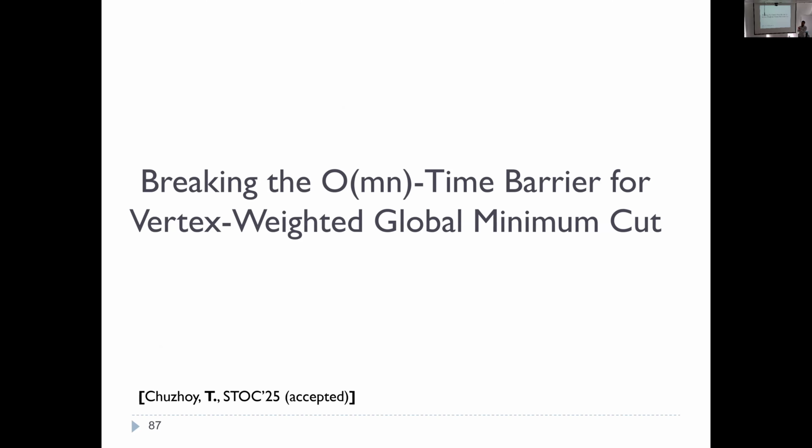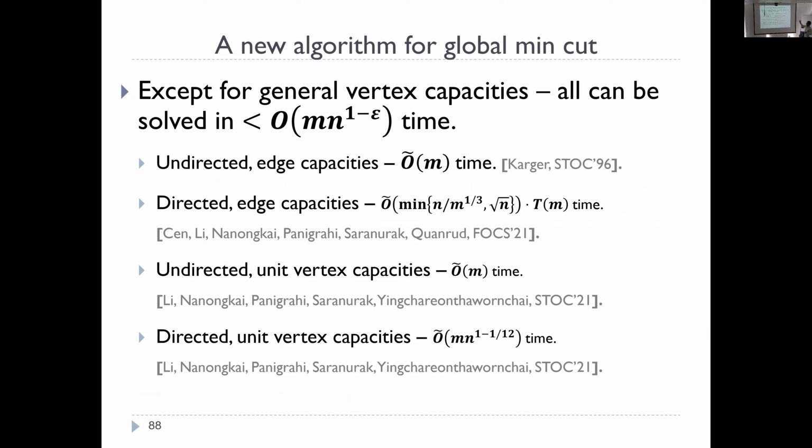But you want to remove the least amount of things, least weight. What was known is that with the exception of vertex capacities, all versions can be solved faster than this conceptual bound of n applications of maximum flow, right? We knew how to solve it fast, but not for vertex capacities.